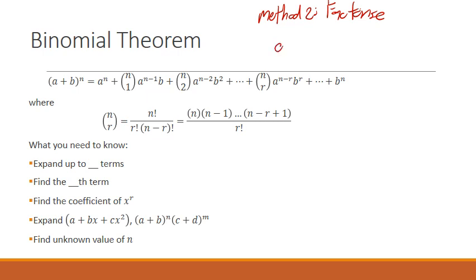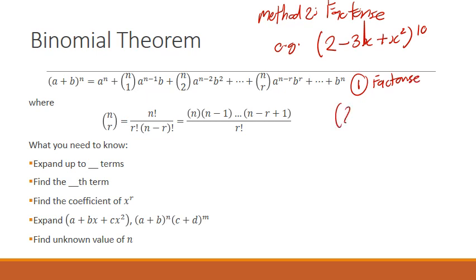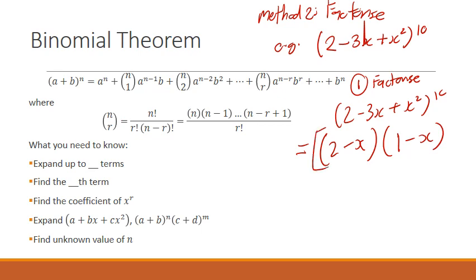So for example, let's say the question gives you expand 2 minus 3x plus x squared to the power of 10. What you will do is to factorize first of all. So I will have 2 minus 3x plus x squared to the power of 10 equals to 2 minus x, 1 minus x, the whole thing to the power of 10.